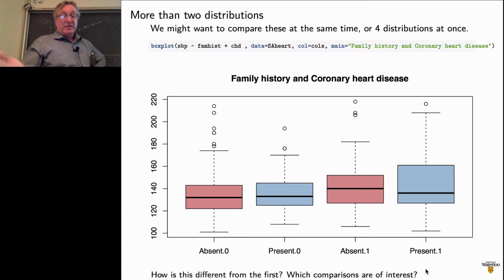If you're trying to think, well, what is really the effect overall of coronary heart disease, you say, well, I really would like to see what's the difference between absent 0 and absent 1. Look at that difference. And the difference between present 0 and present 1. Those together are telling you something about the effect of the coronary heart disease.